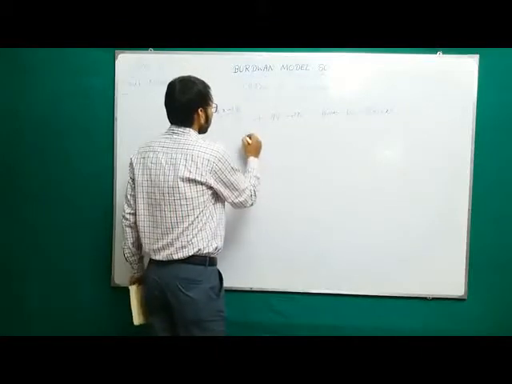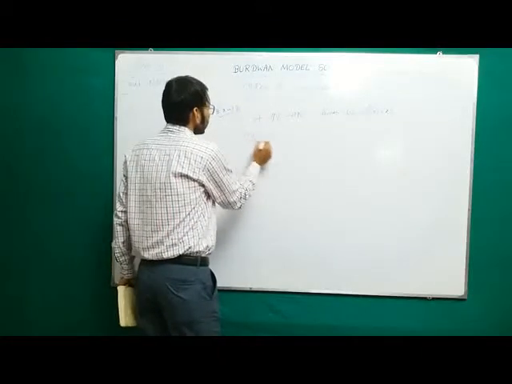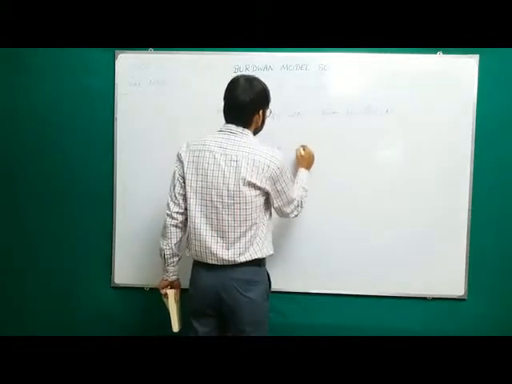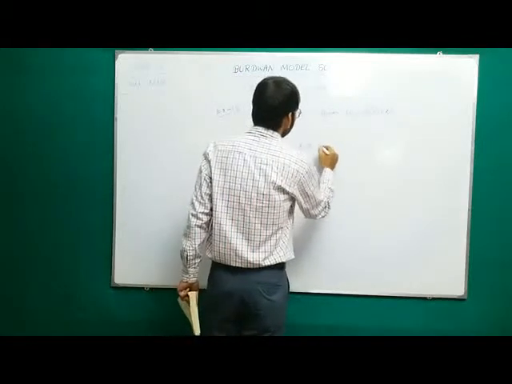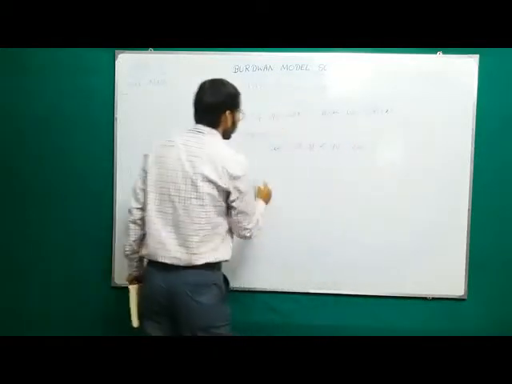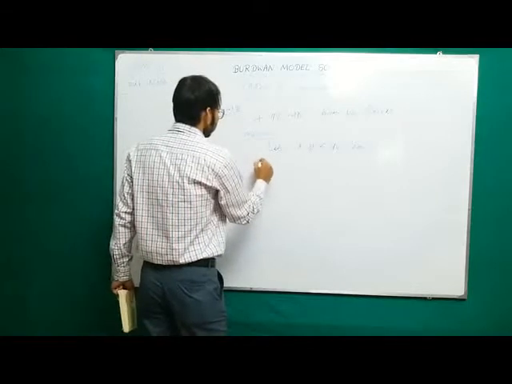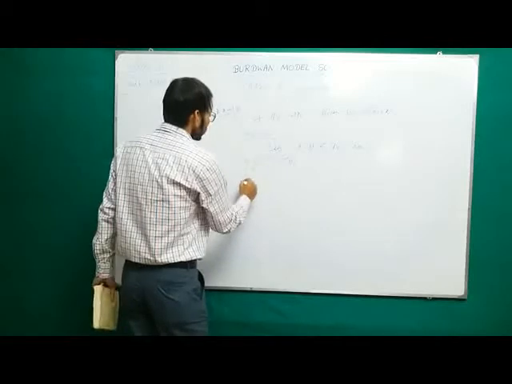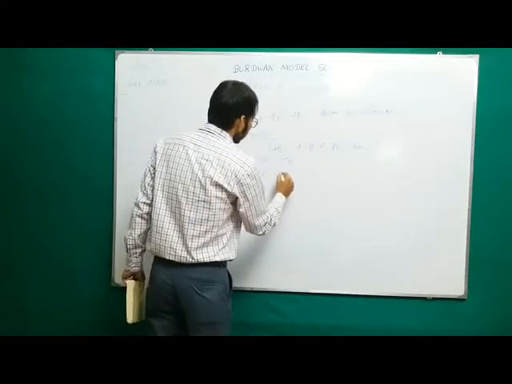First, for the one-to-one portion, we will take 2 points. Let x, y belong to natural numbers. This is the domain. And f of x equals f of y, which implies x square equals y square.